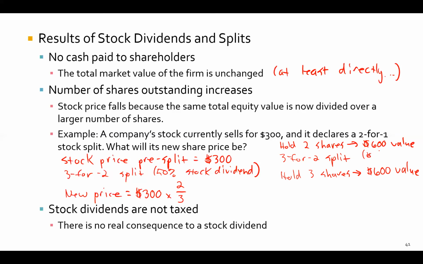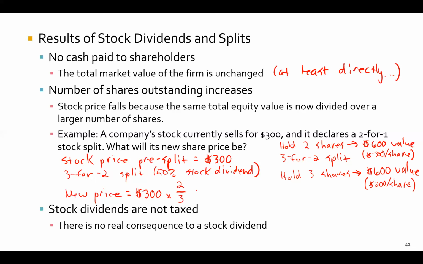Previously you had 2 shares at $300 per share. After the split, you hold 3 shares, and to get the same $600 value, you would have $200 per share.